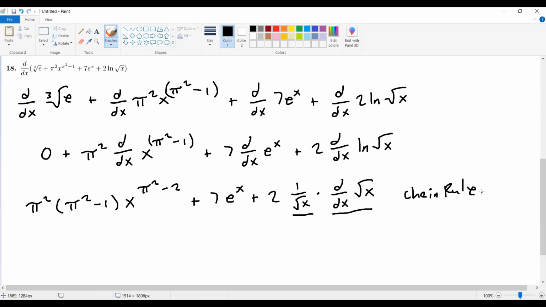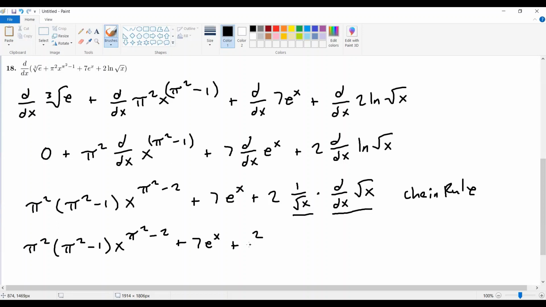So on this next line, we can start to put everything together. So we have pi squared times pi squared minus 1, x to the pi squared minus 2, just copying that over. We still have our 7e to the x. And then now let's work on simplifying this.